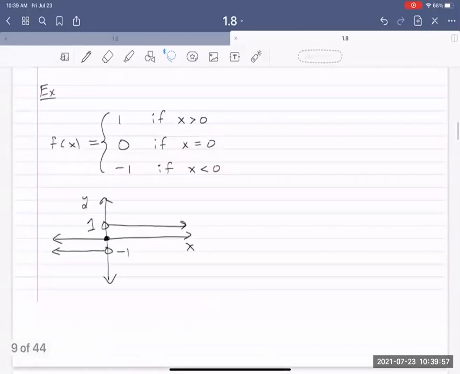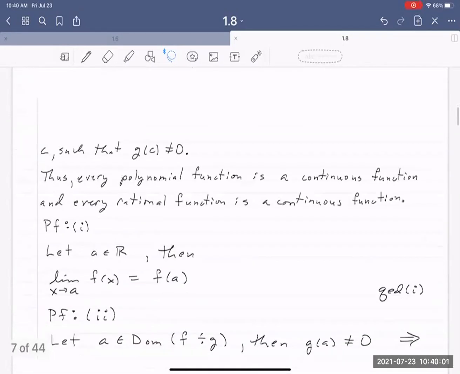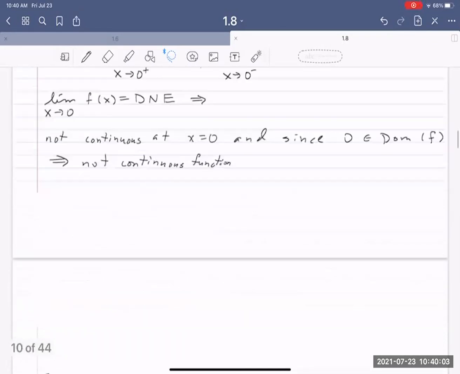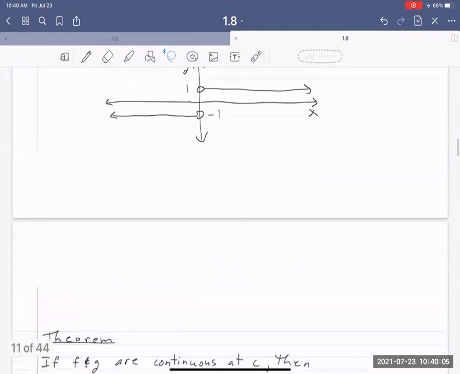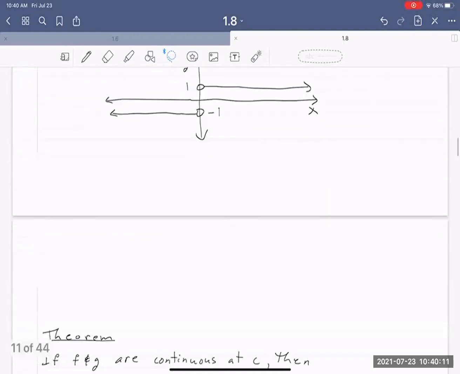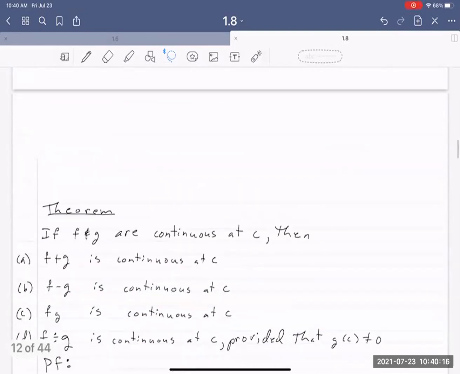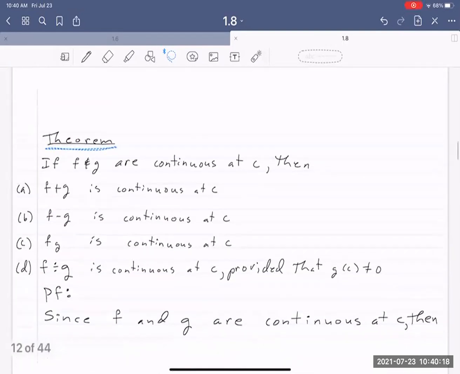Which means that you can't have these point discontinuities. And so, do the following theorem.